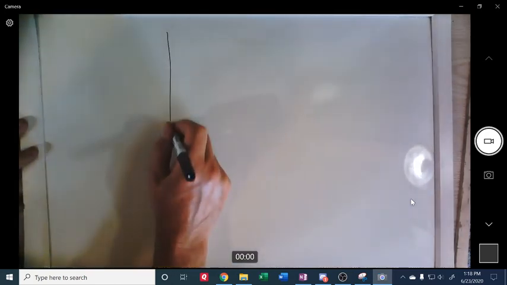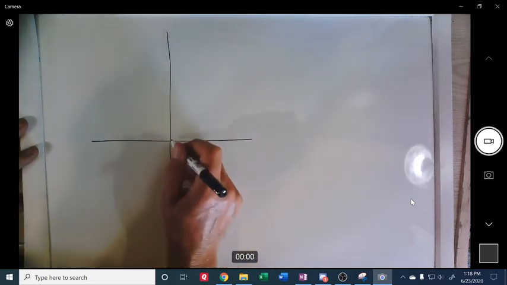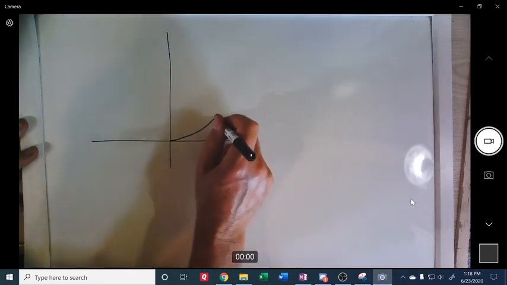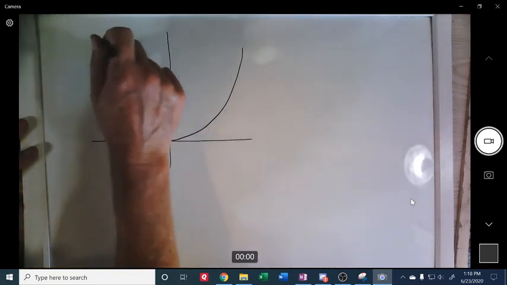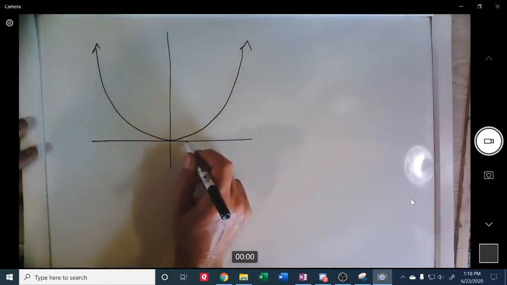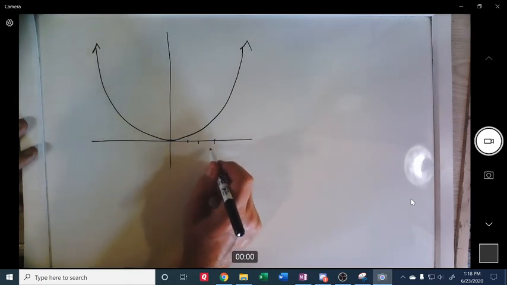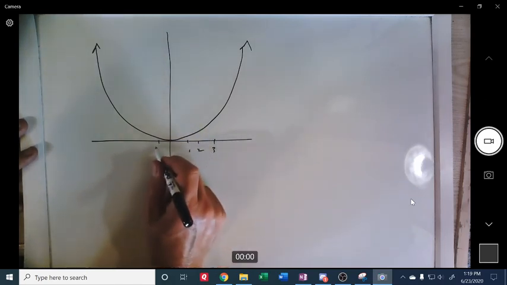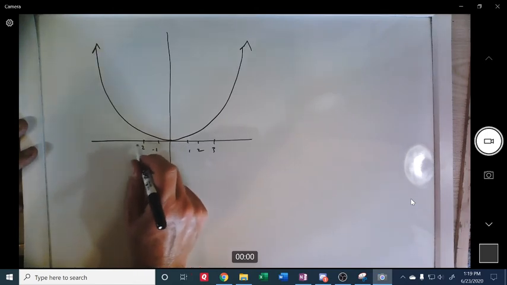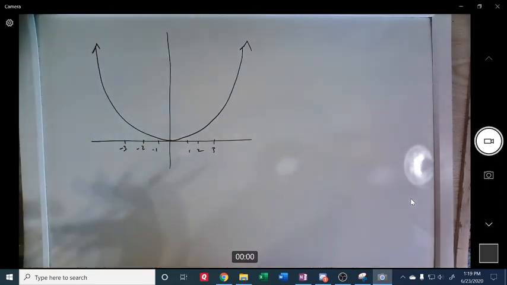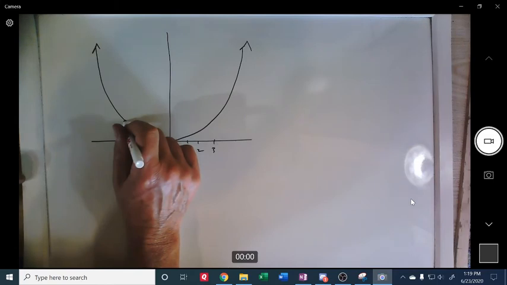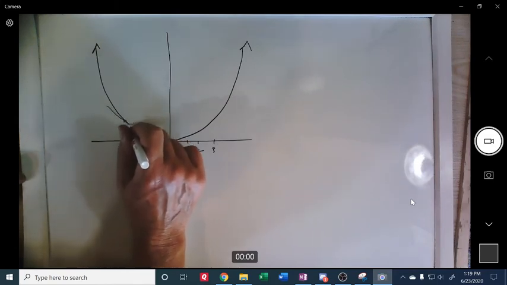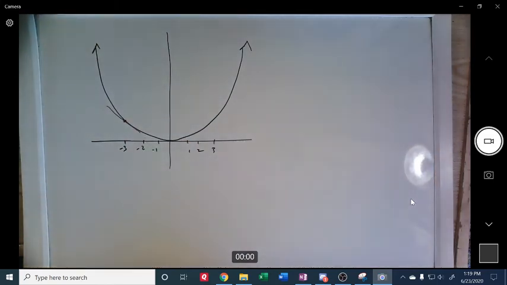If we have the function y equals x squared, all right. What's the slope right here? Can anybody tell me that? What's the slope of that red line I just drew?